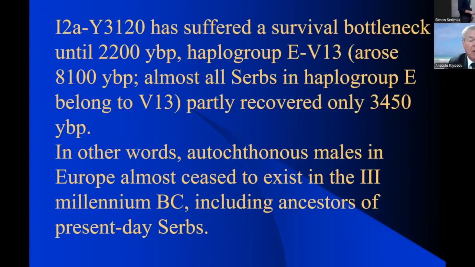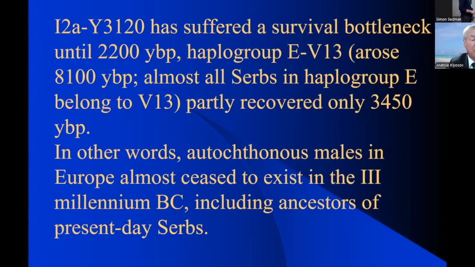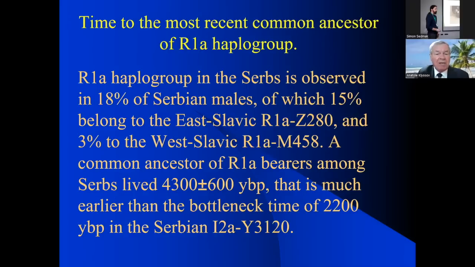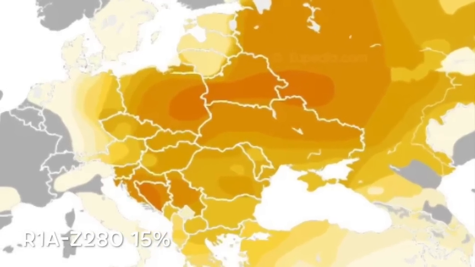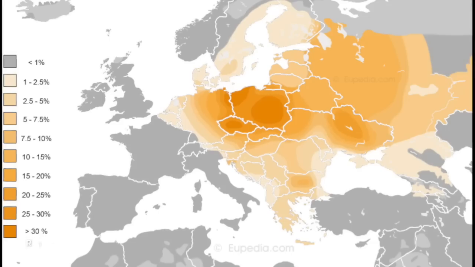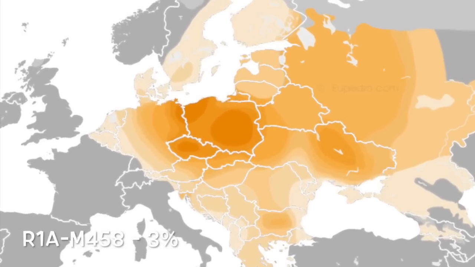In other words, autochthonous males in Europe almost ceased to exist in the third millennium BC, including ancestors of present-day Serbs. Now, if you go to the R1a haplogroup, which is the second in quantity in Serbia, it is observed in 18% of Serbian males, of which 15% belong to East Slavic R1a-Z280, and only 3% to West Slavic R1a-M458.